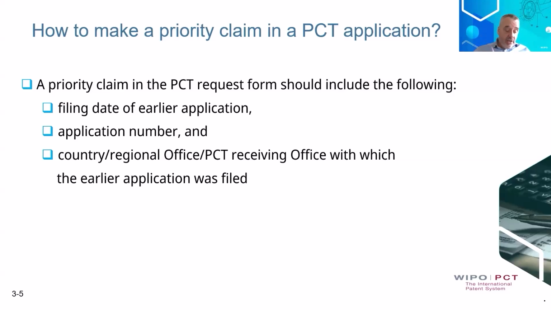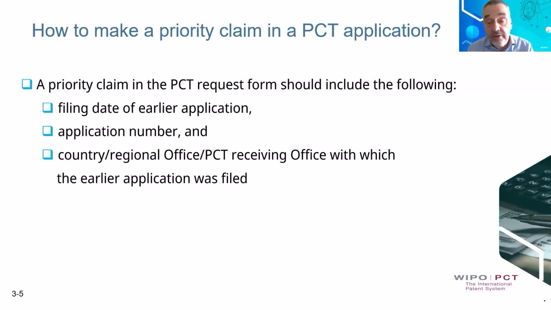Now, once you make a priority claim in a PCT application, and I think I talked about the priority date before in another webinar when we talked about time limits, the filing date of your priority claim will become the priority date. Now, this is very important in the PCT because a lot of time limits are calculated from the priority date. So it's critically important, of course, that you know the filing date of your earlier application if you do make such a priority claim.